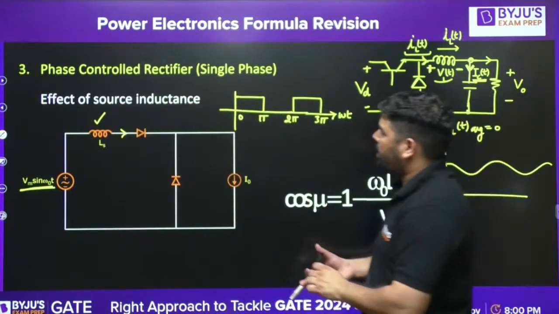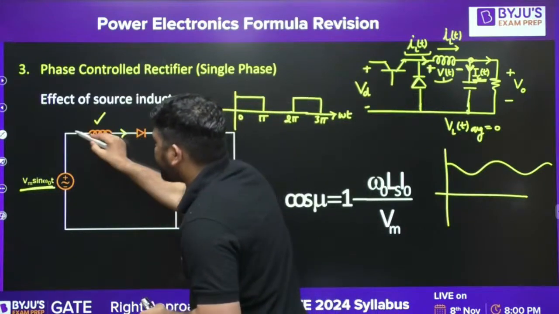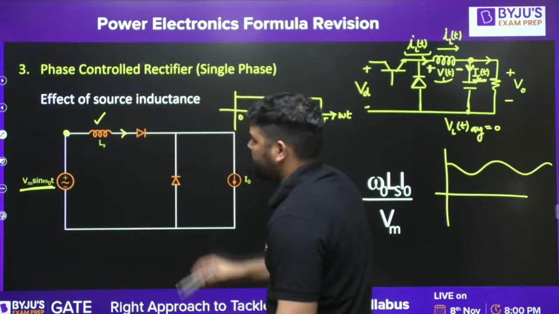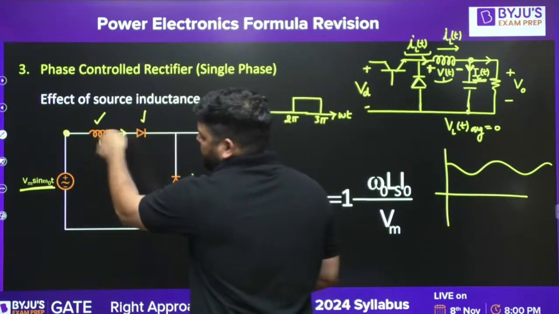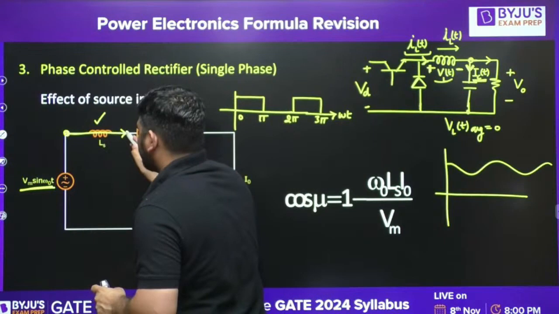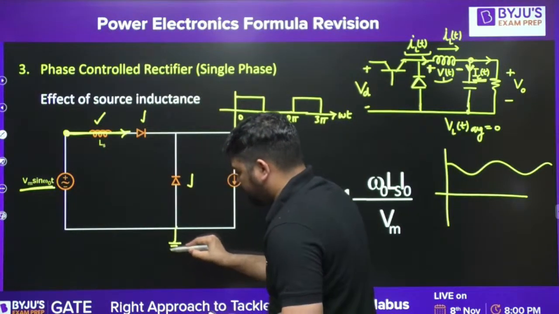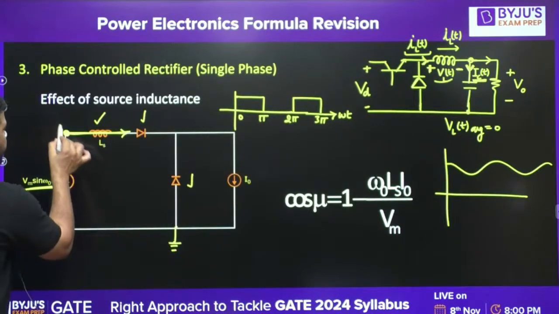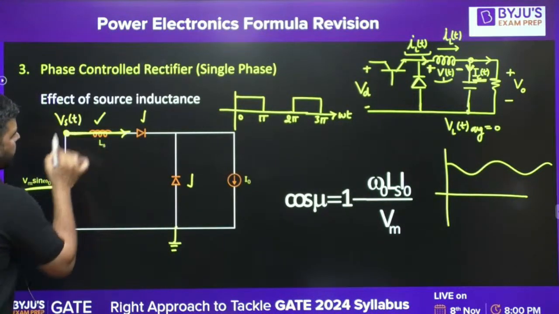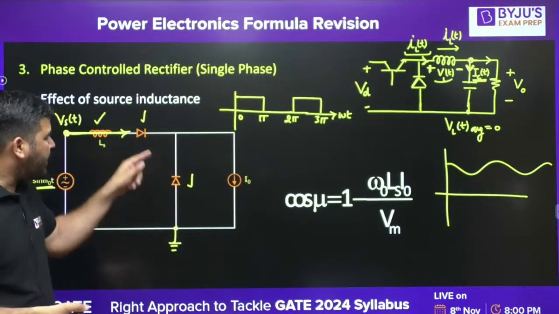Now, if you don't have the source inductance, then whenever this side voltage is positive, these two diodes are under common cathode configuration.